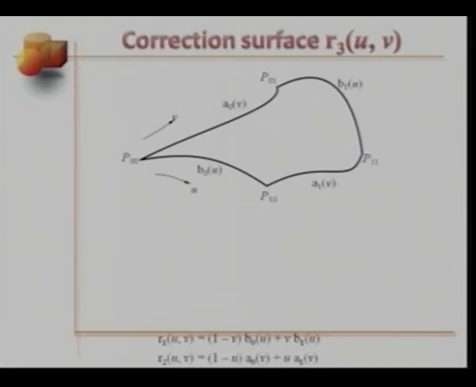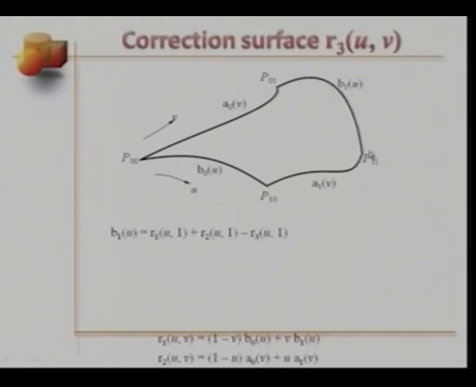Bilinear Kuhn's patch. We are now looking at R(U,1). R(U,1) will be R1(U,1) plus R2(U,1) minus R3(U,1). For value of V equals 1, what is the surface R(U,1)?